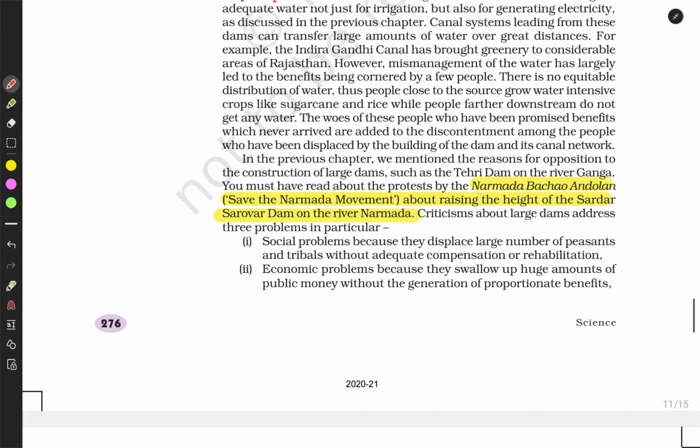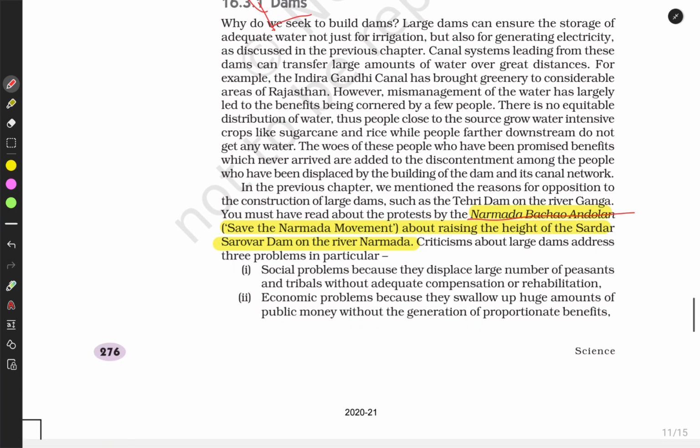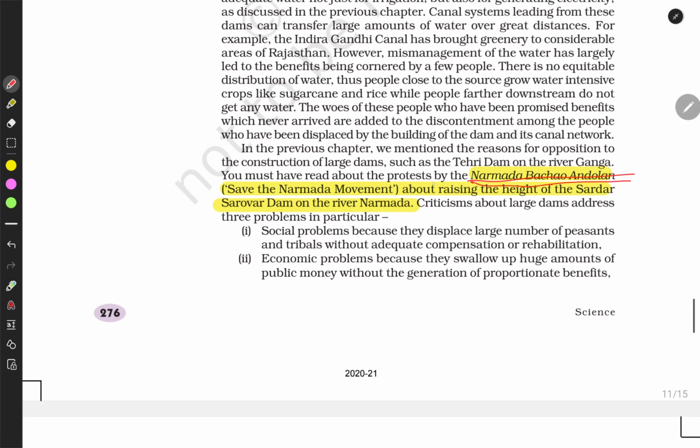There is a dam on the Narmada river. The Narmada Bachao Andolan was a movement about raising the height of the Sardar Sarovar Dam on the river.